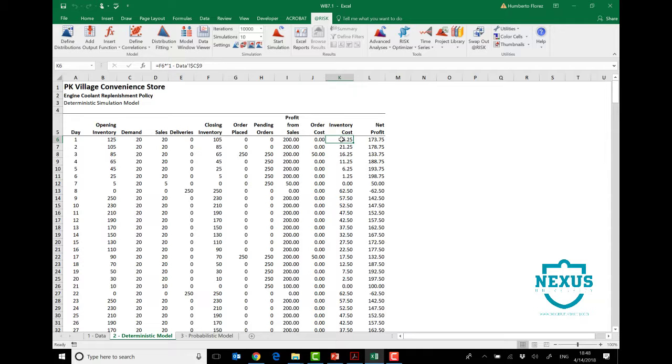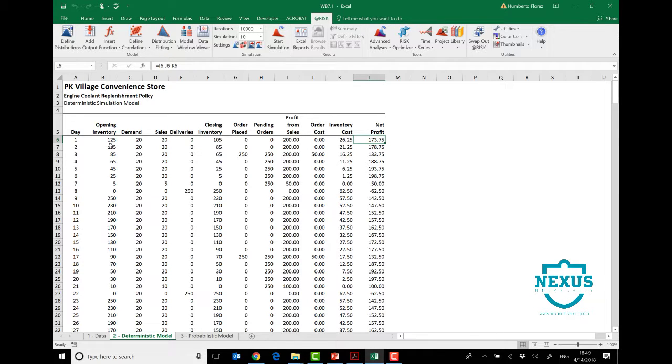Our inventory cost is 26.25, and that equates to the closing inventory of 105 units multiplied by 25 cents. The net profit then is the profit from sales minus the order cost minus the inventory cost. So we have $173.75.